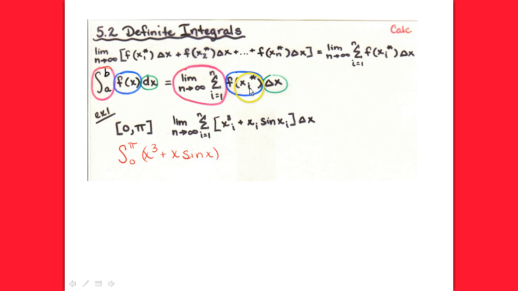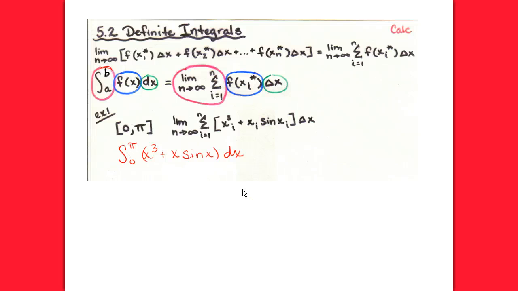If you'll notice, if I take off the subscript i, that basically gives me the function for my integrand. So if I take off these little i's down here, I'm going to have x cubed plus x sine x, and that is my integrand. And then remember, we're always going to put that dx on the end because the dx always goes along with the integral sign. So that's how we could convert the notation from yesterday to the definite integral notation for today.